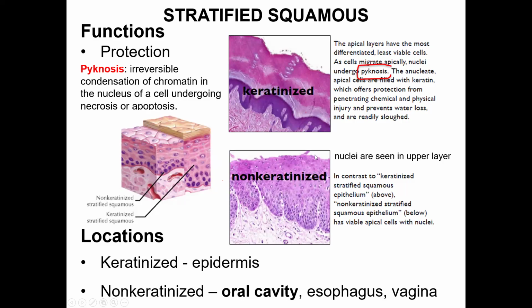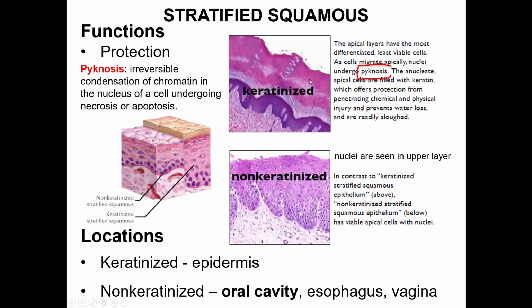But the cells at the surface desquamate. They have a relatively short half-life, and they will be removed from the surface of the epithelium and replaced by the cells that come from the inner layers.